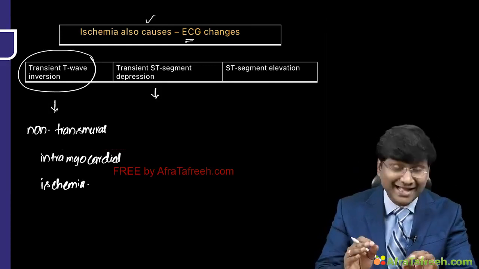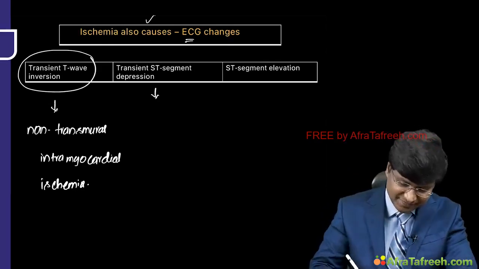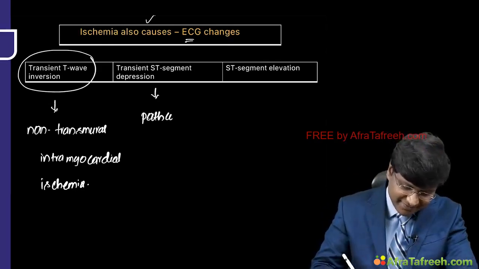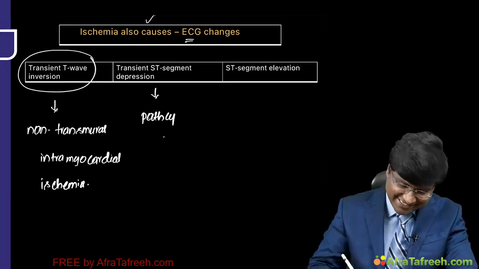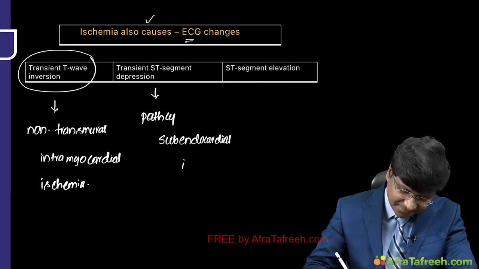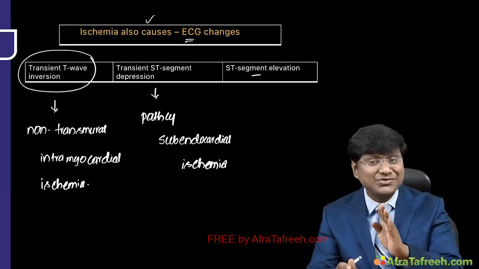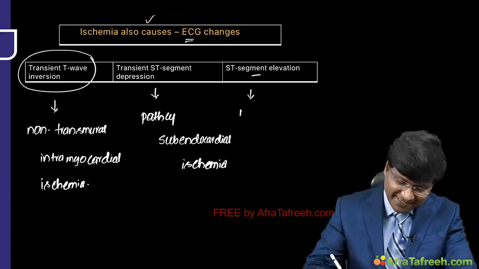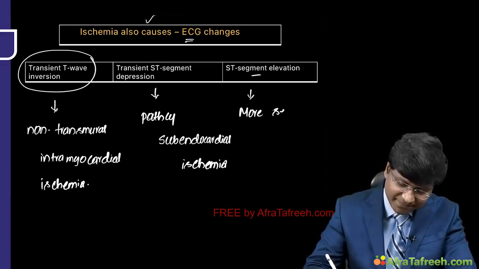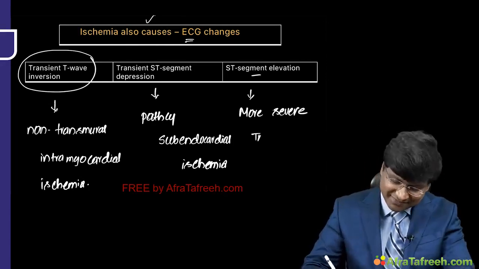Then transient ST segment depression often reflects the presence of patchy subendocardial ischemia, and the presence of ST segment elevation in the ECG is thought to be caused by more severe transmural ischemia.